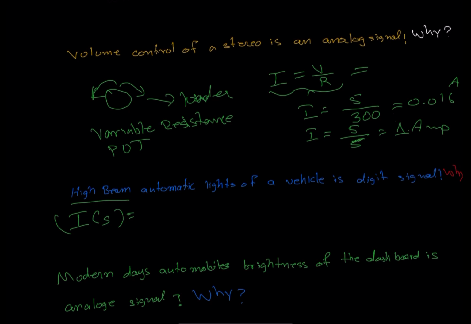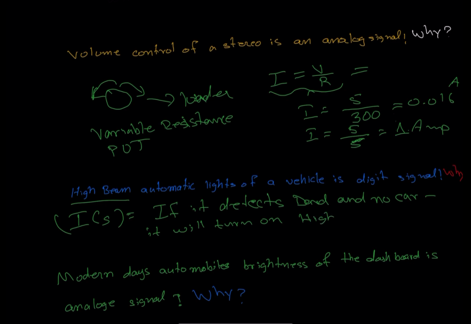If I'm driving in a dark countryside and there is no vehicle coming from the front, so I'm the only one driving, if my vehicle detects too much darkness and no car, it will turn on the high beams. So that means the signal will be 1.